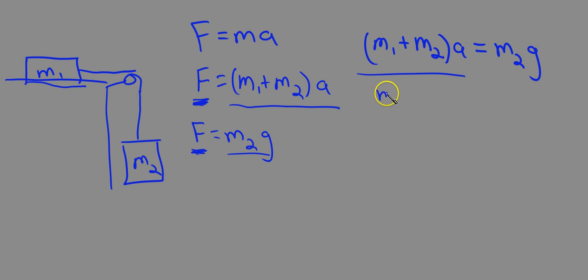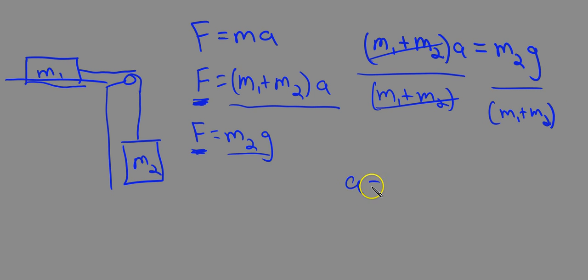If I divide both sides by m1 plus m2, now this part would probably be easier if you did it with the numbers, my acceleration in the end for whatever numbers I have would be my second mass times gravity divided by the sum of the two masses.